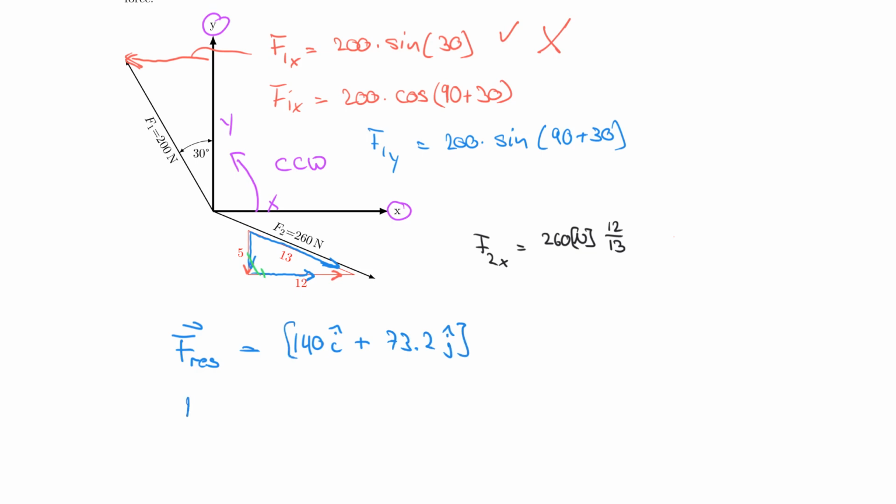And F resultant magnitude is really equal then to, I mean, everybody can calculate that easily, I guess, from the numbers that I've provided, 158 Newton. And then we have theta, which is equal to 27.6 degrees. And of course, all of these are results, so I double underline them for you.